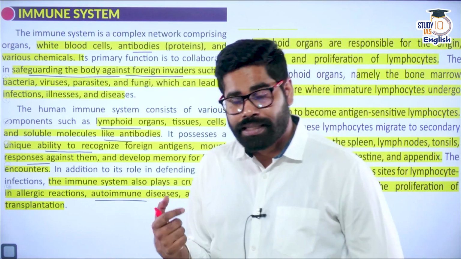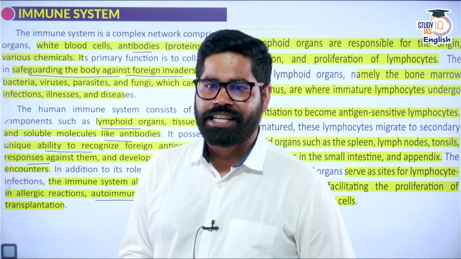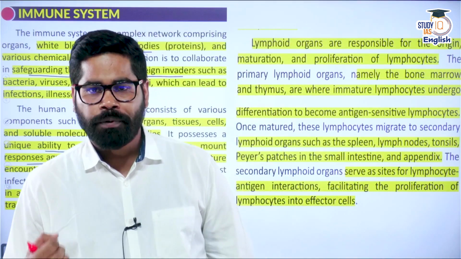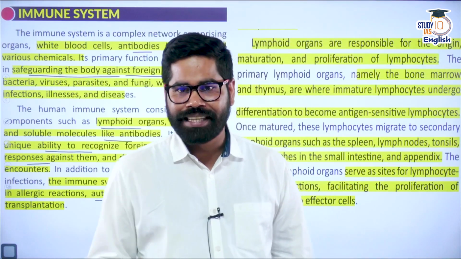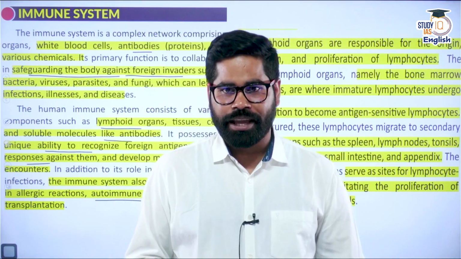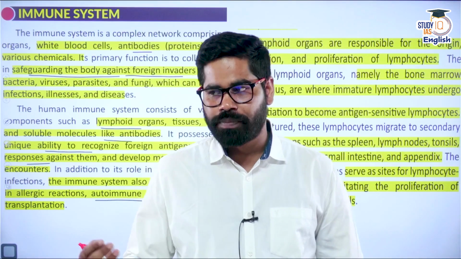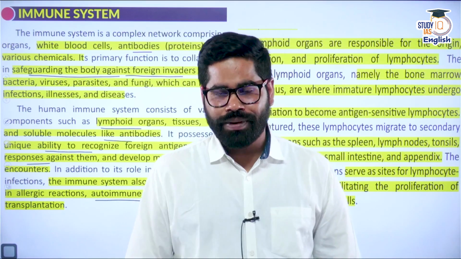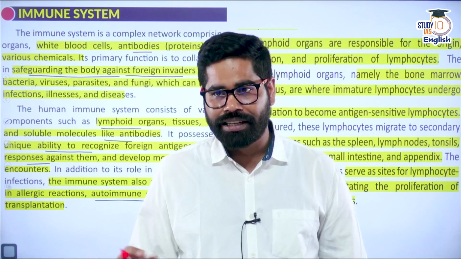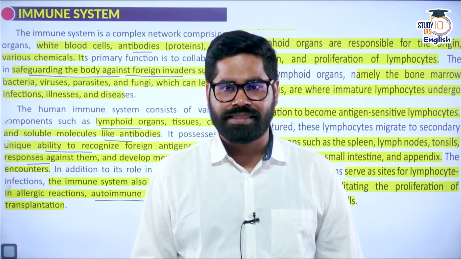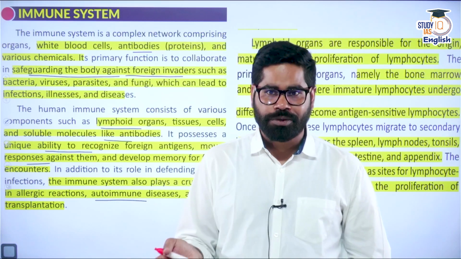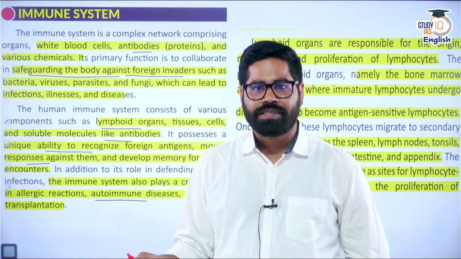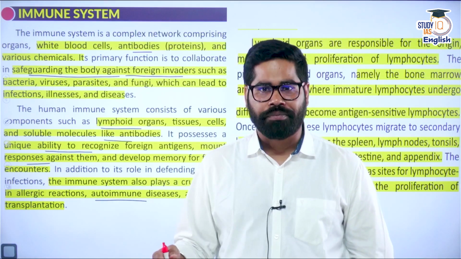Like, in organ transplantation, there is a major problem. Suppose a person has a kidney problem and has had a kidney transplantation from some other person. When the kidney goes into the body, the body will recognize it as a foreign substance, a foreign organ, and will always try to remove it from the system. It will try to kill it.